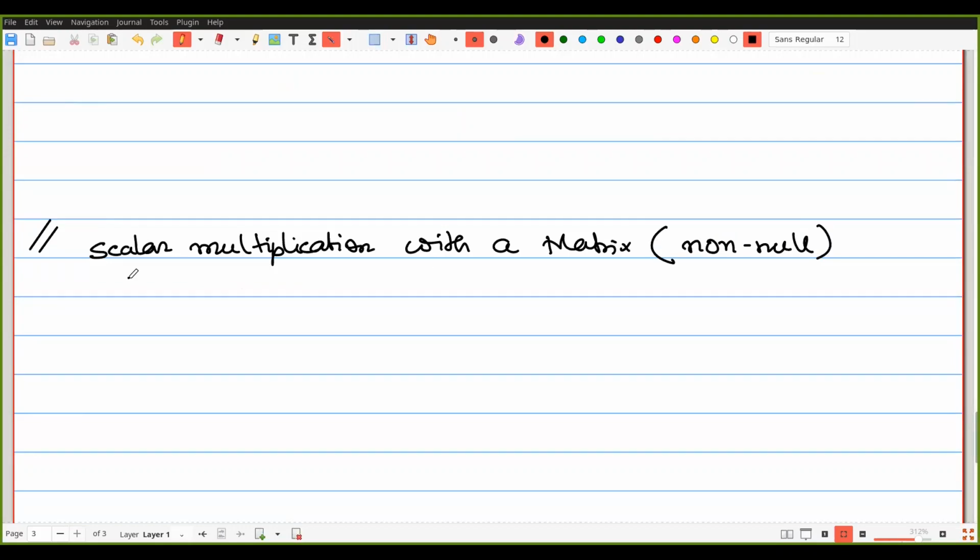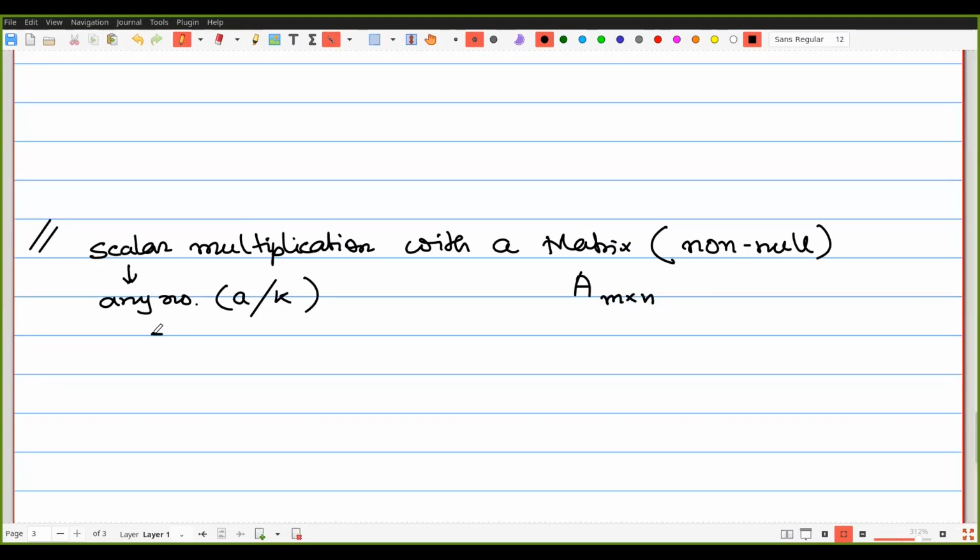Scalar means any number at that moment. Suppose we are writing it as A or K most of the time. That is a general term. Non-null means A, it may be of any order.